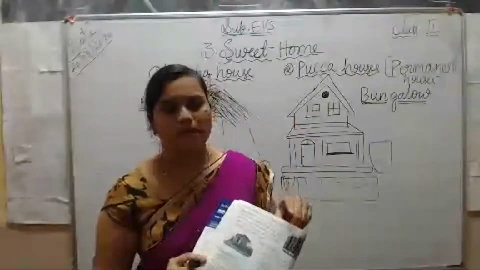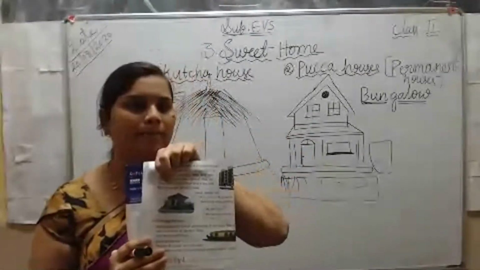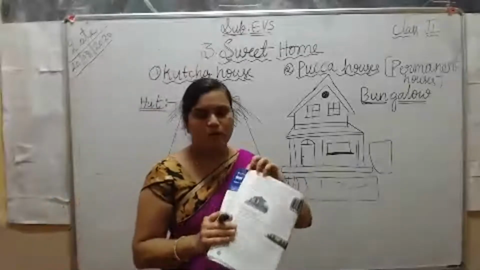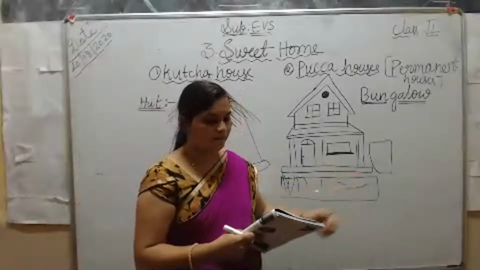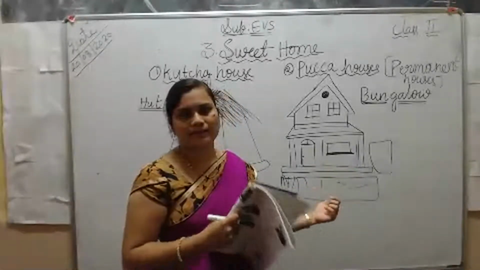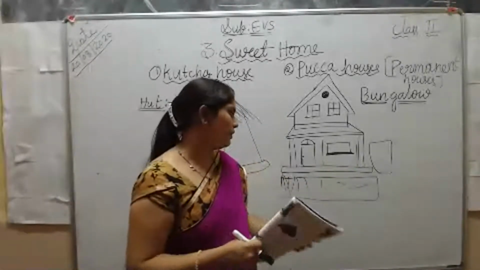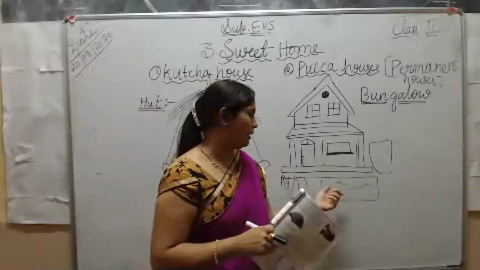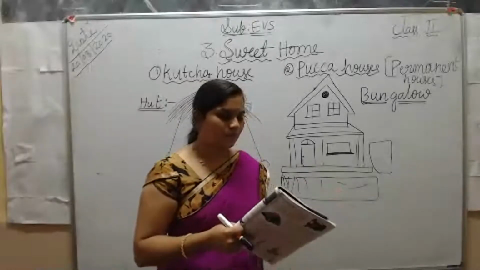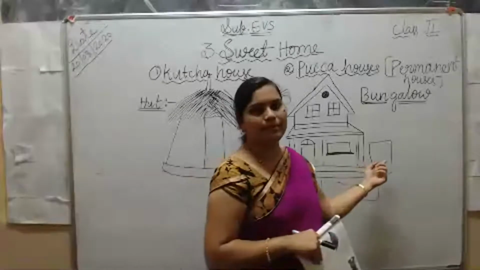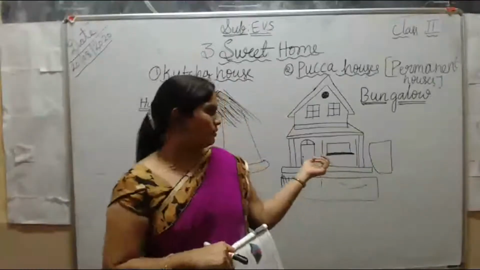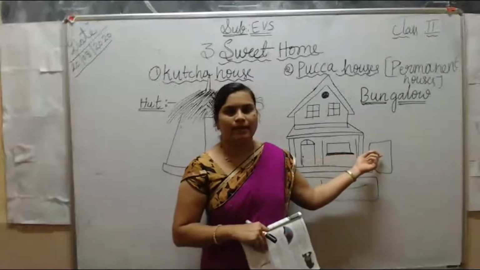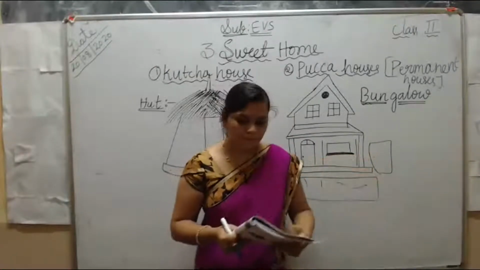It's in high demand in cities, but a bungalow has more area. It contains lawns. Lawns means a place where they grow grass or make gardens. And garage means the place where we stand the vehicle. That is called a garage.